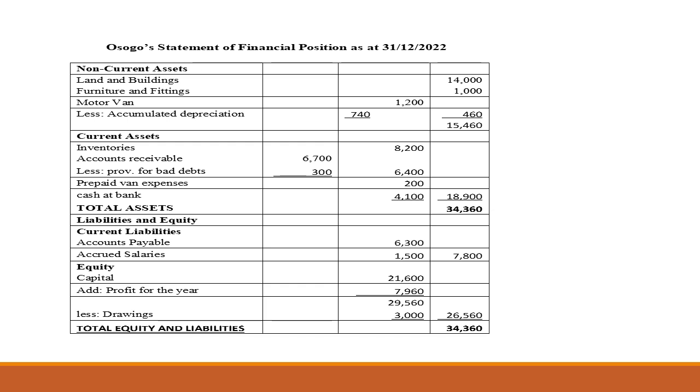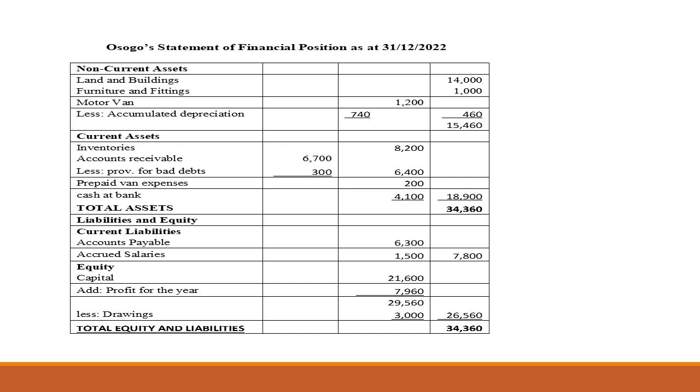So we continue to prepare the statement of financial position as at 31st December 2022. Land and buildings as they are, 14. Furniture and fittings: the original value is 1,000 and the accumulated depreciation, previous plus what we charge this current year, is 740, so remaining with 460.